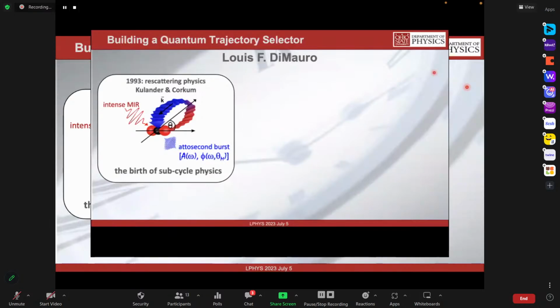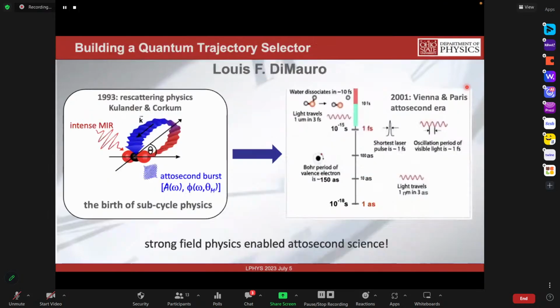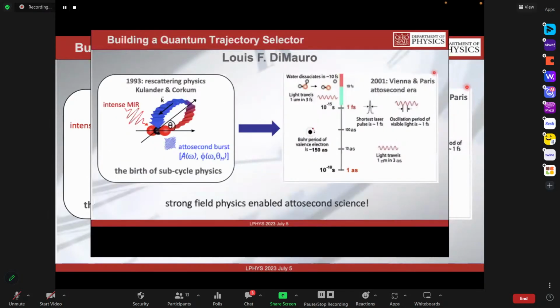Because of that, the three-step model provided a roadmap so that within 8 years we had discovered the formation of attosecond pulses. As you know, that was done simultaneously in Vienna and in Paris. So I would say that strong field physics enabled attosecond science.